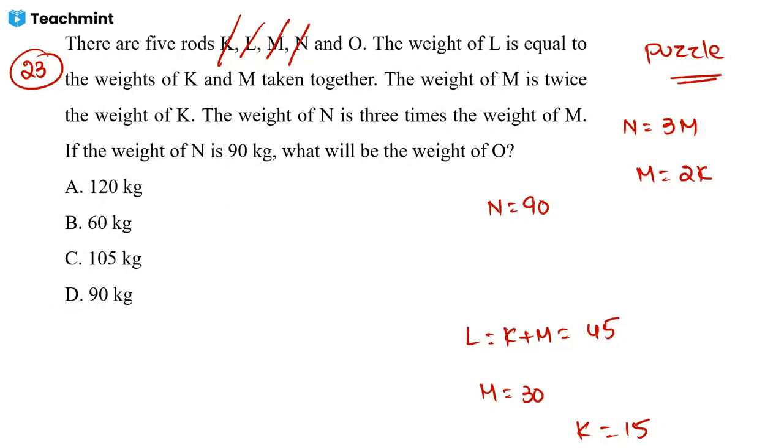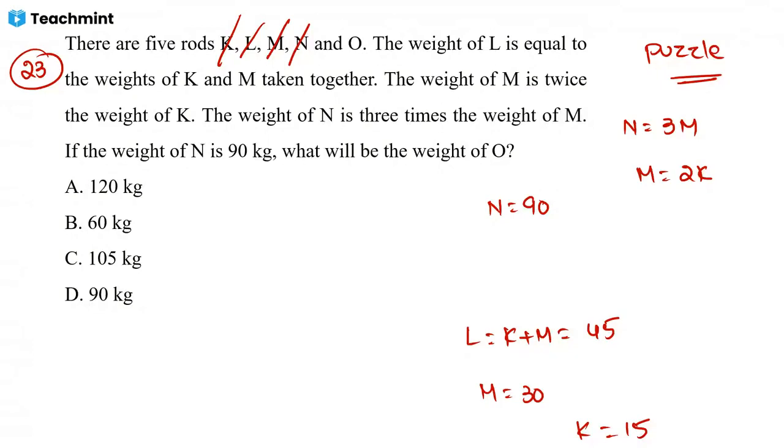There should be some extra data in the question. Might be they are giving one more statement extra. One moment, I'll just add the statement now. They didn't mention which is heaviest or lightest either. There are 5 rods available. There is some extra data.